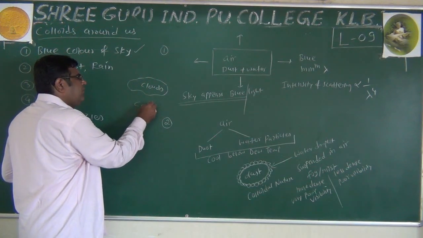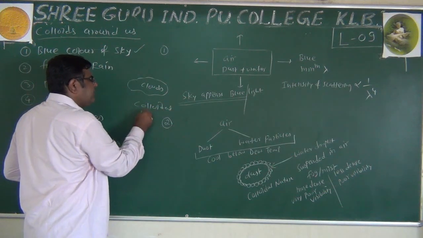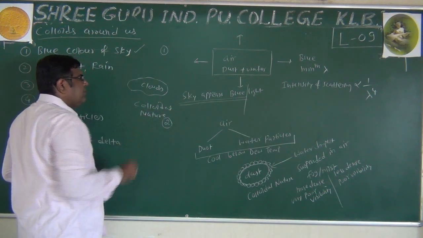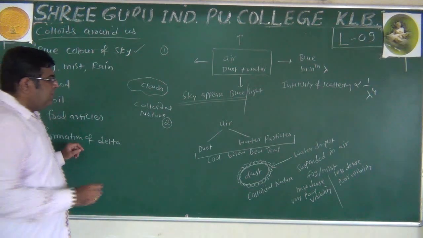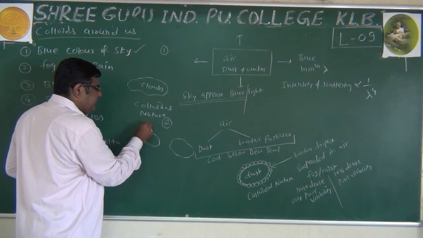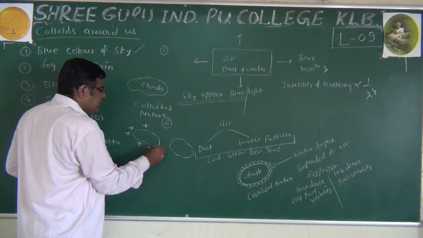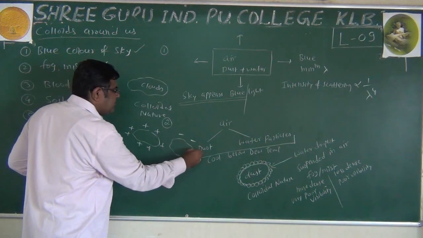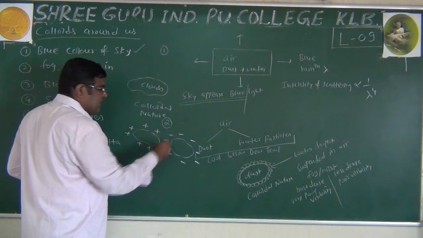Now regarding the rain, these clouds are also of colloidal nature, and there is a possibility that of two clouds, one is positively charged and another is negatively charged.